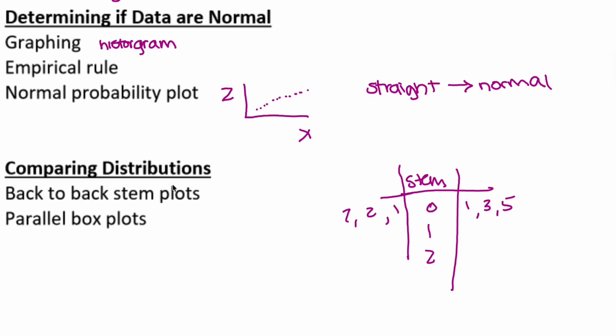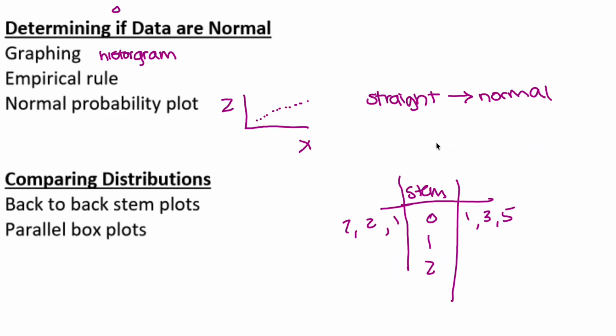How do you compare distributions? With back-to-back stem plots or parallel box plots. Okay, so this is one type of stem plot. I know I didn't draw the graph for the stem plot in the previous part, but there are actually two types of stem plot, and this is a common one.